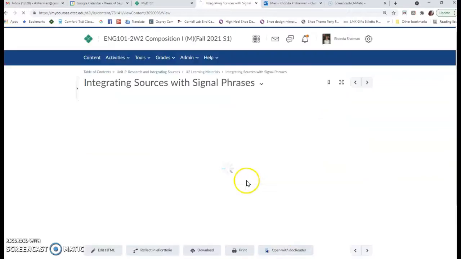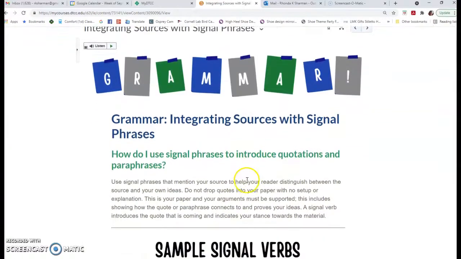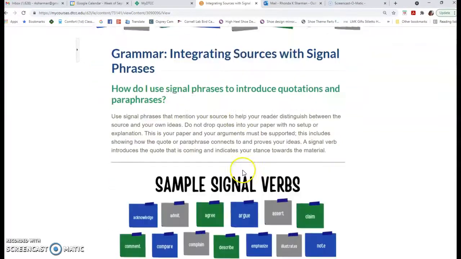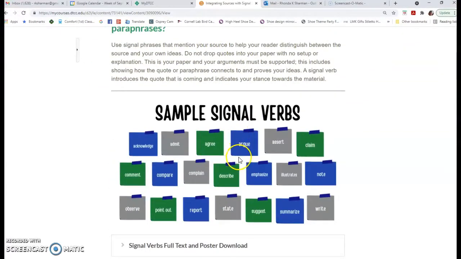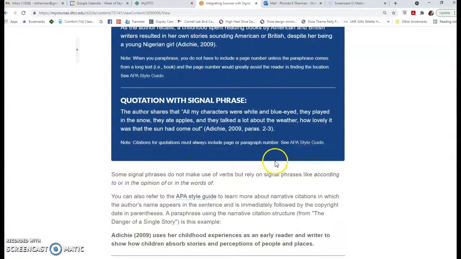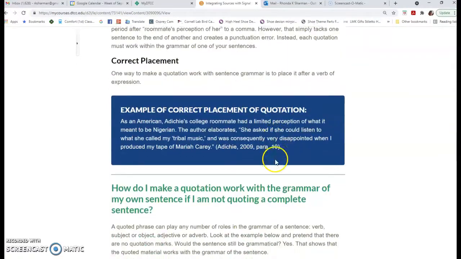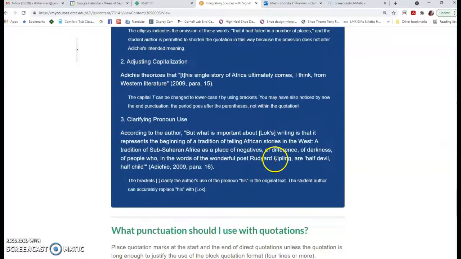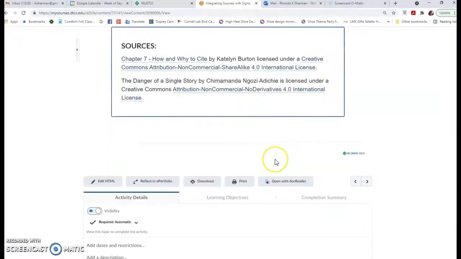And finally, looking at how you integrate outside material within your paper, your essay or your report. So using signal words or verbs to indicate that you are using some information from your sources. A lot of good information in that web page as well, so you're going to want to look through all of that material.